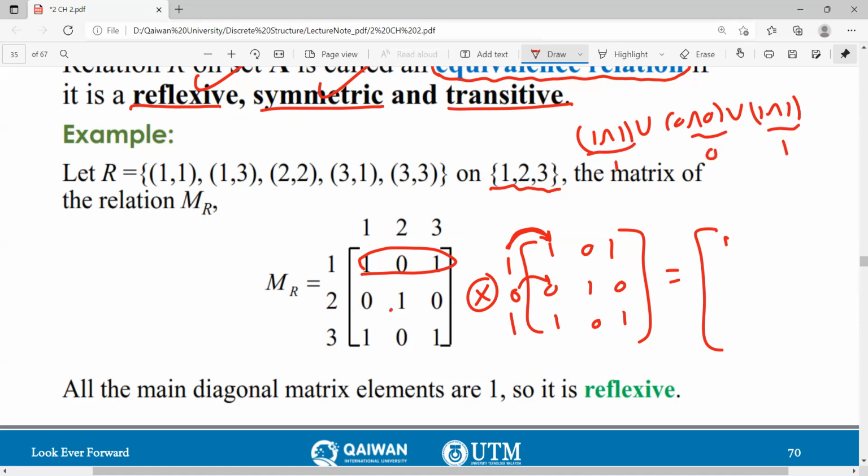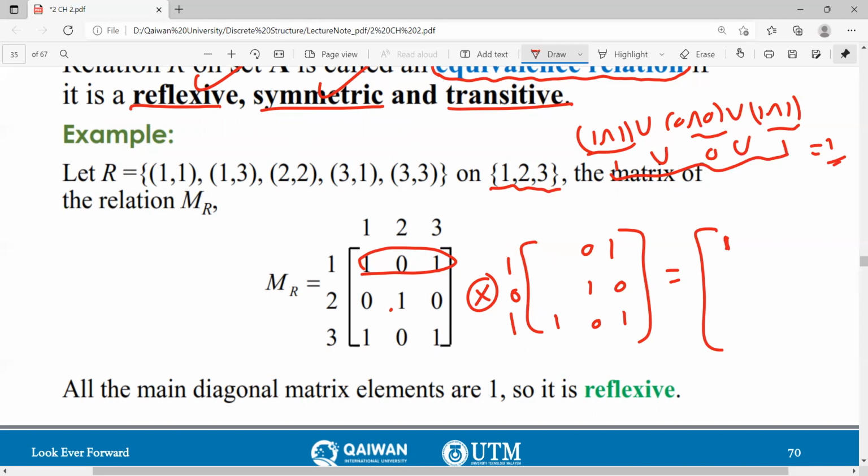If you combine these by OR, 1 or 0 or 1, the result is 1. If there's at least one 1, the result is 1. So if we get 1, you don't need to do the others. So you don't need to do 0 and 0, 1 and 1. The result is 1.